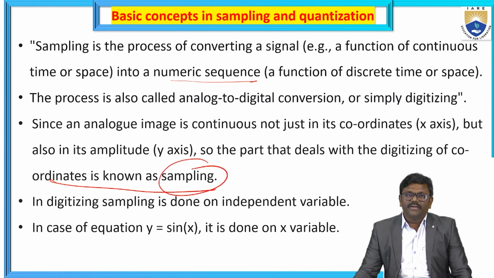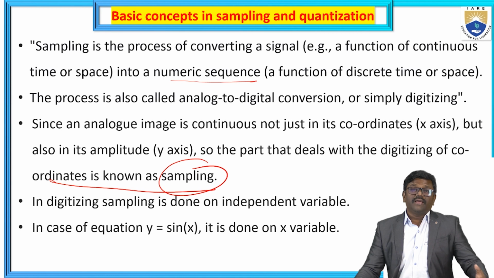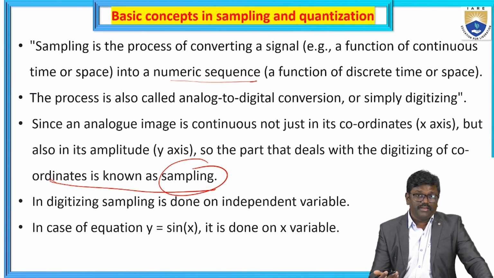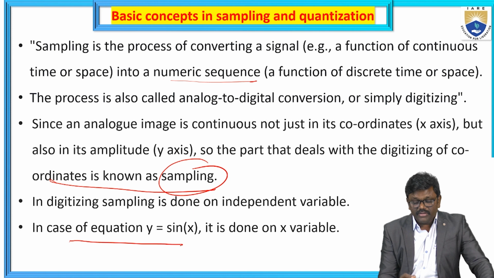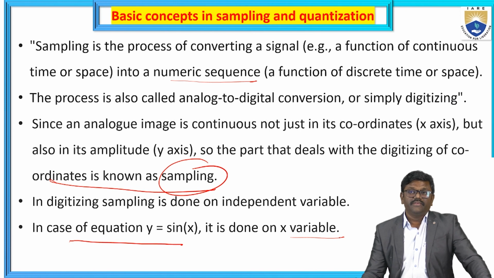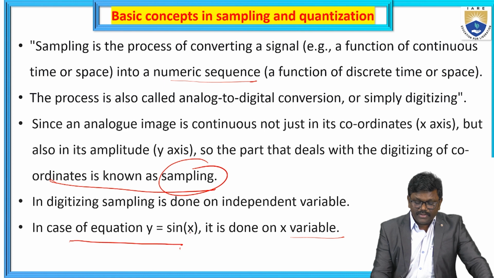What you want to understand is that in digitizing, sampling is done on the independent variable. Take the equation y equal to sine of x, where x is the variable. What is x here? Here x can be changed independently, but y will be dependent.